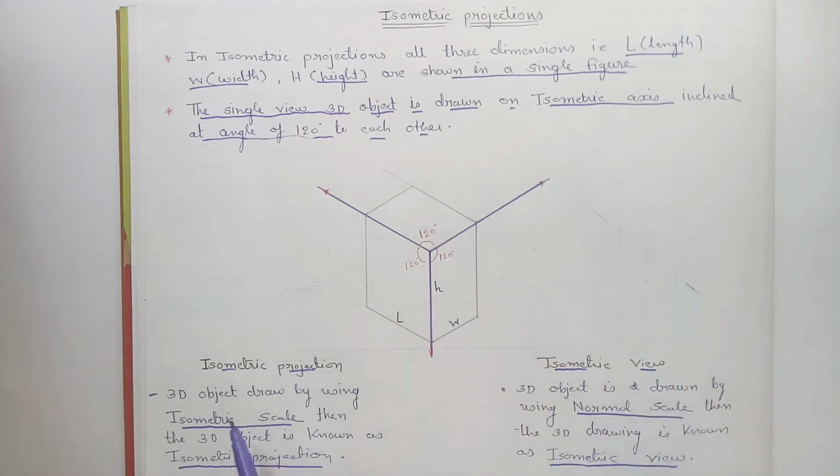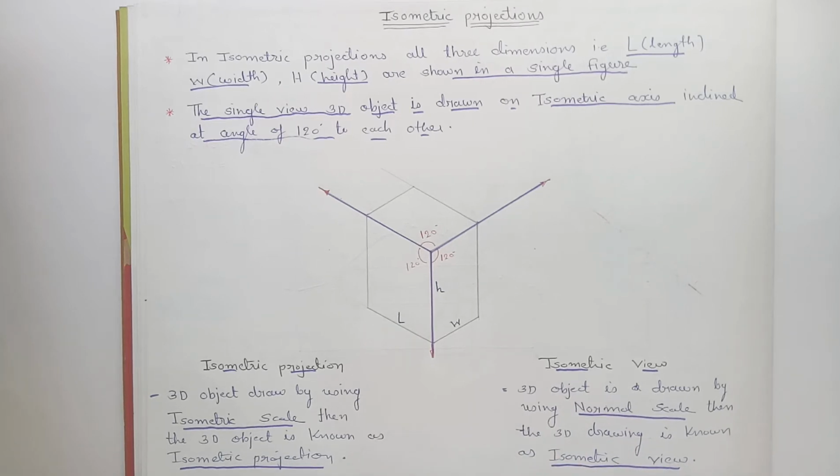If a 3D object is drawn by using an isometric scale, then the 3D object is known as the isometric projection of the given object. And now what is isometric view? If the 3D object is drawn by using a normal scale, then the 3D drawing is known as the isometric view of the object.